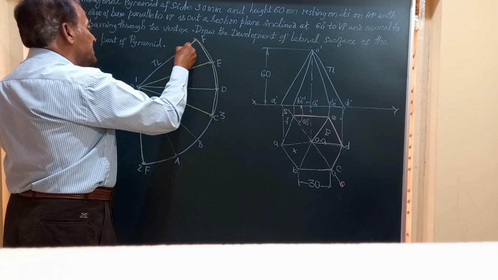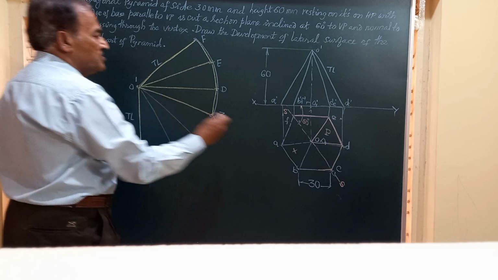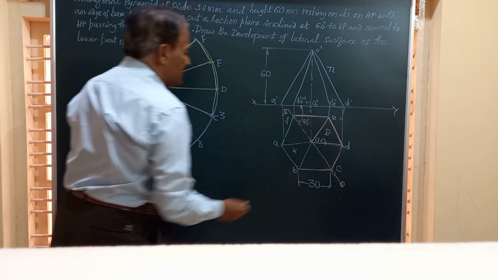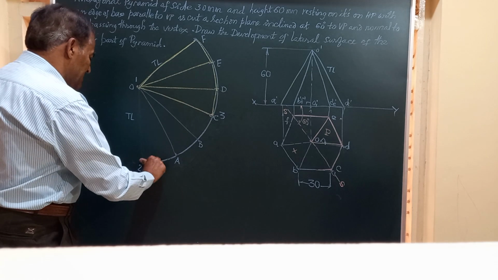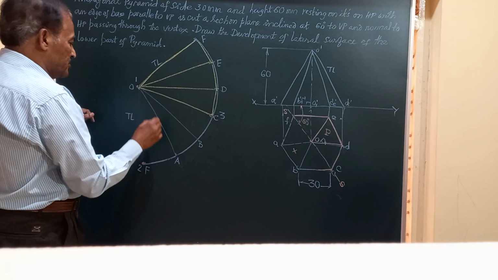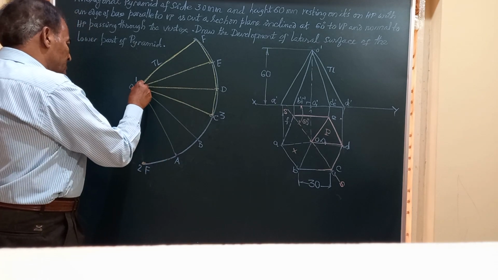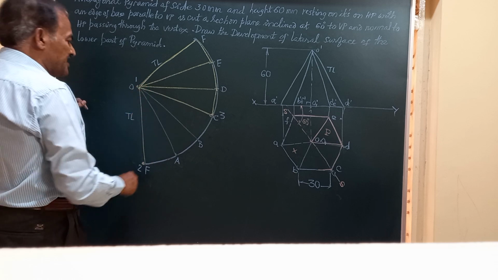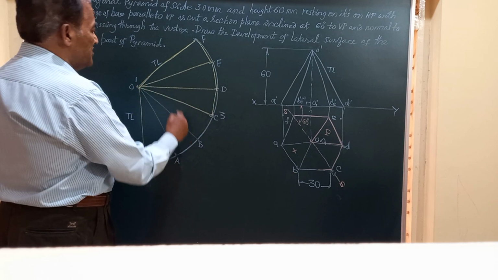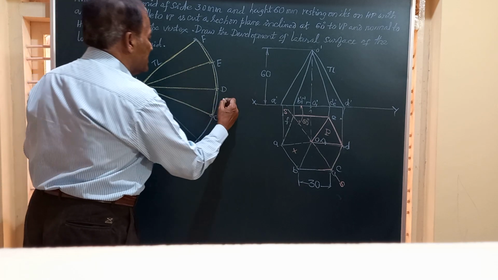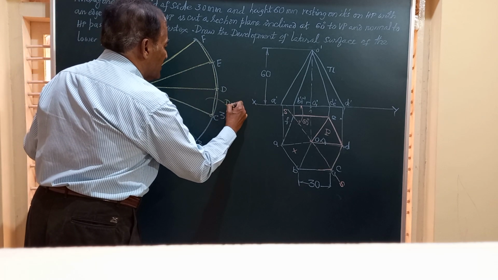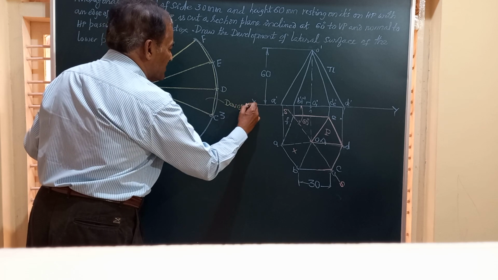So these are the 3 triangles which are shown by dark lines here, and that part is retained, and very obviously the last portion is to be removed. I will tell you how. This is a thin line actually. So this will give you this portion, 1, 2, 3 triangles will give you the development.